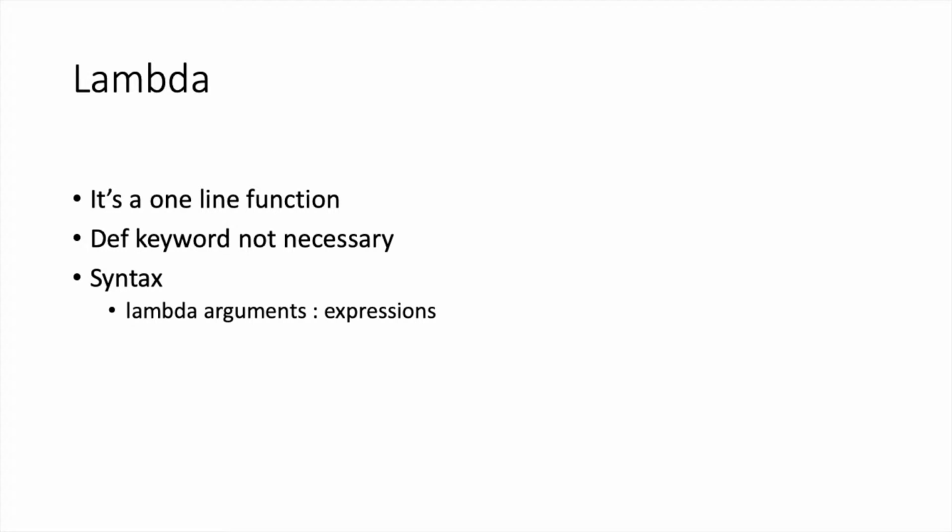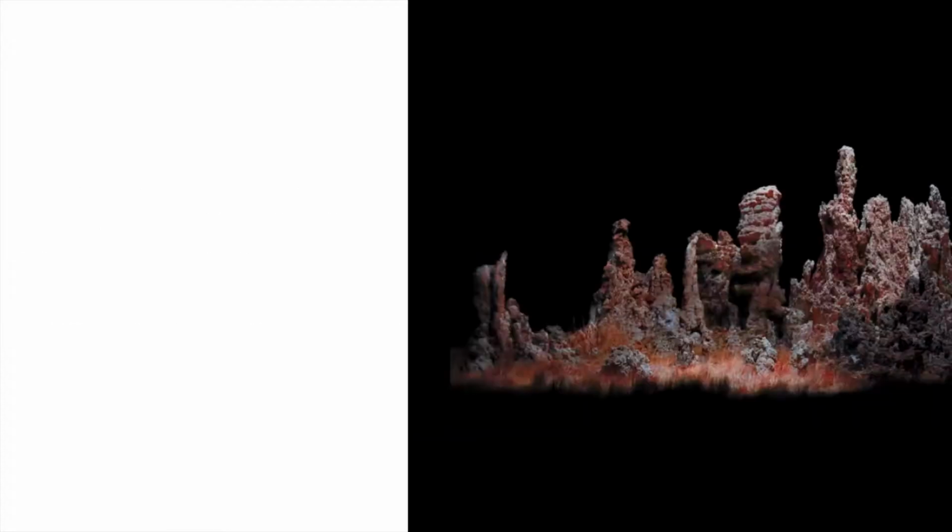And second, this def keyword is not necessary. Without a def keyword, it is possible for us to define a function. That is what we call a lambda function. The syntax for the lambda function is: lambda should be mentioned, a space and arguments, a colon, and an expression should be followed. Let us go with an example.